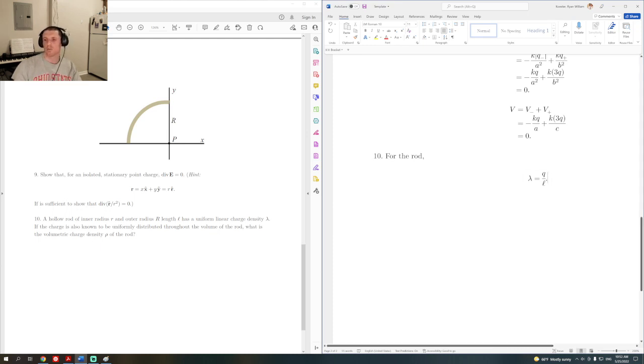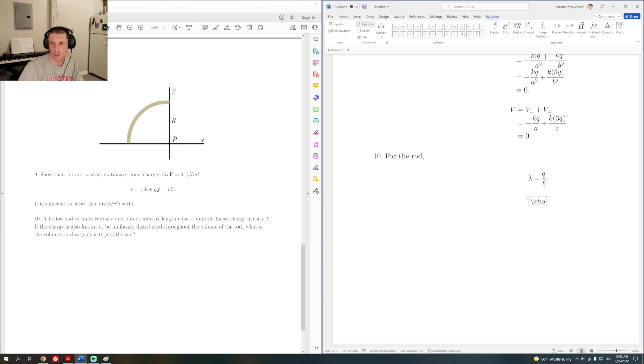Now, we are also told that the charge is uniformly distributed throughout the volume, so we want to figure out how to turn this into a volume charge density. And this is not so bad, because the volume charge density is just defined to be a charge over a volume.